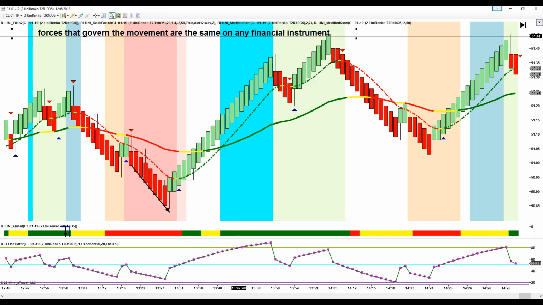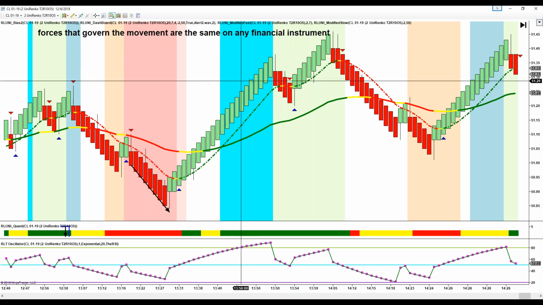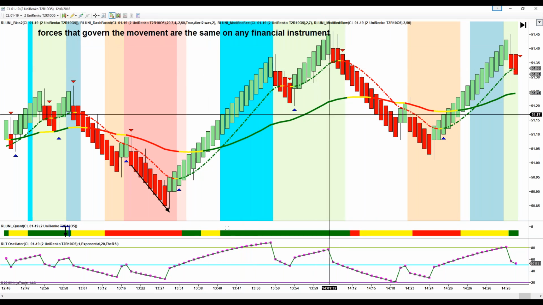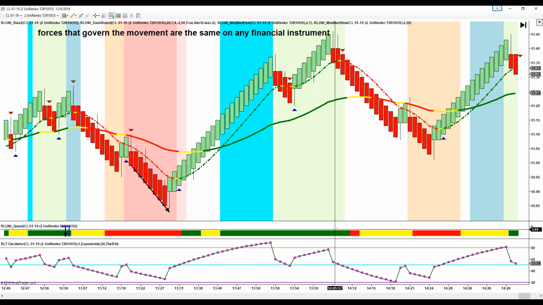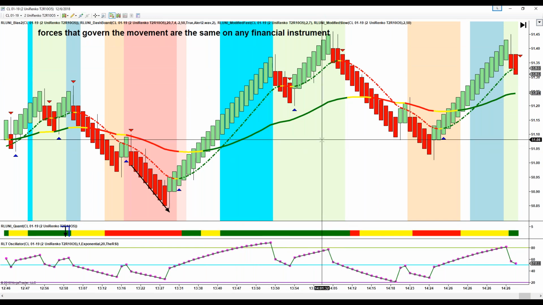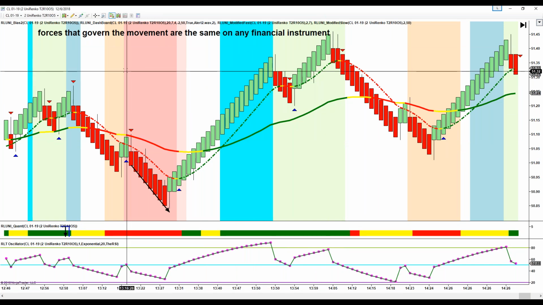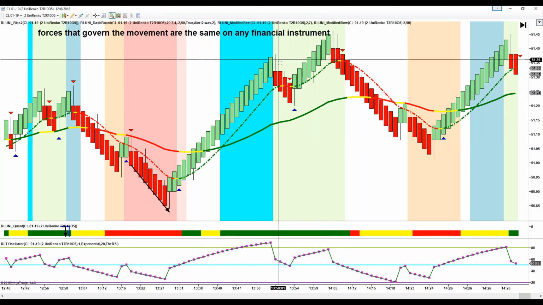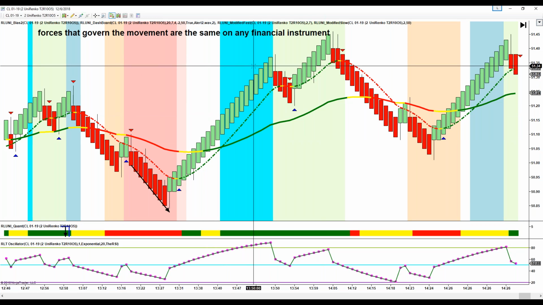It's obviously broken. If the multi-time frame alignment and trend and the direction in correlative markets is true, it's going to govern the movement in price on every financial instrument on every time frame, which is again, I didn't want to get into that because I didn't want to overwhelm anyone.